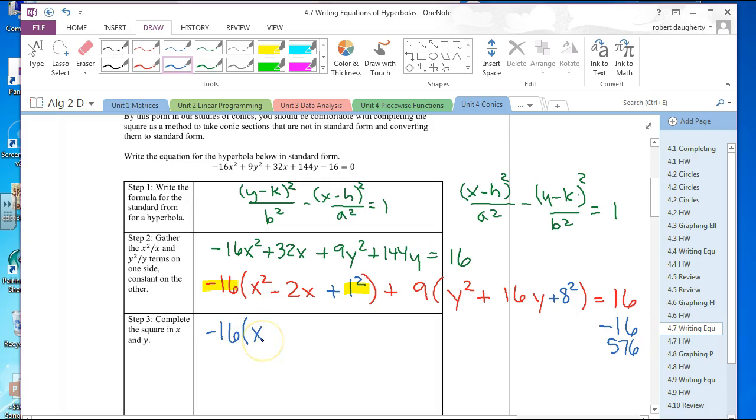This is x minus 1 squared plus 9 times y plus 8 squared equals 576. Okay. What is keeping that from looking like the form that I want it in? I want a 1 right here, right? So what do I have to divide by? Yeah, 576.